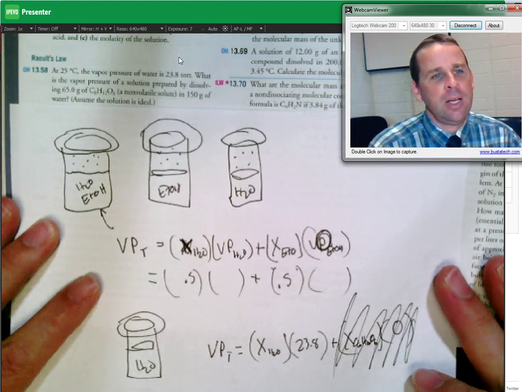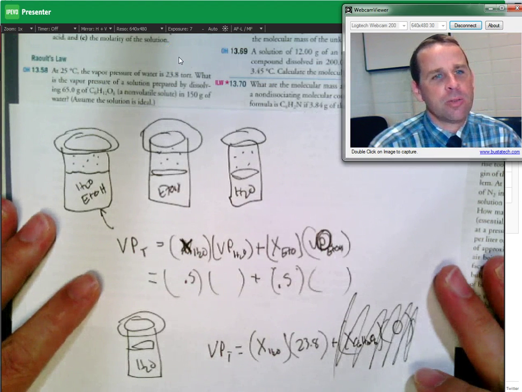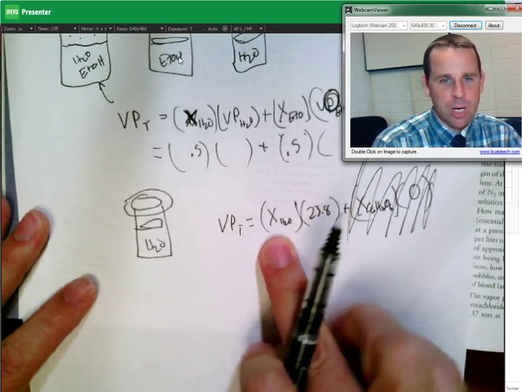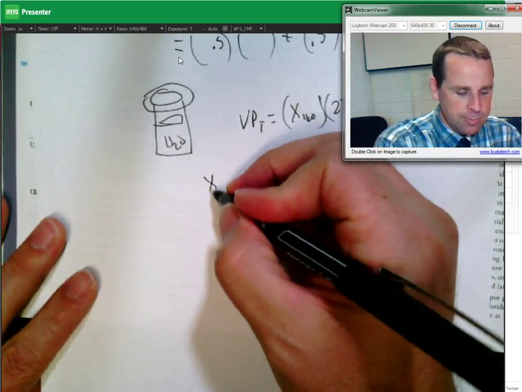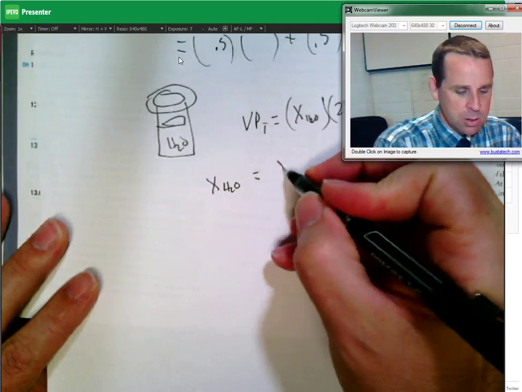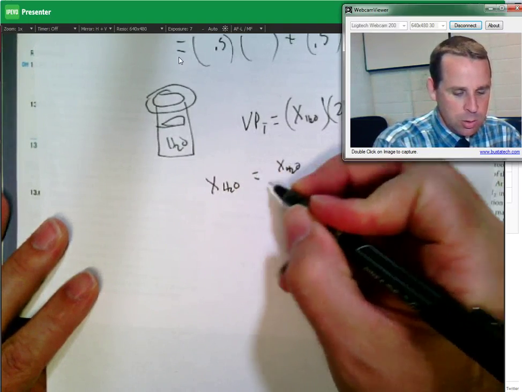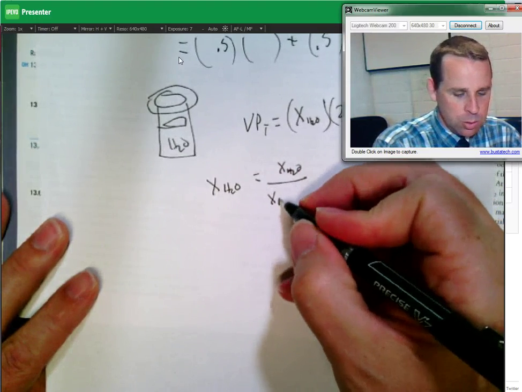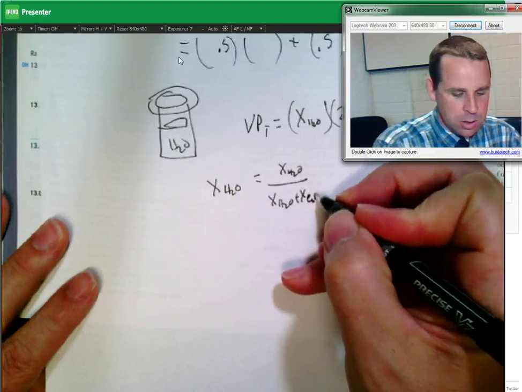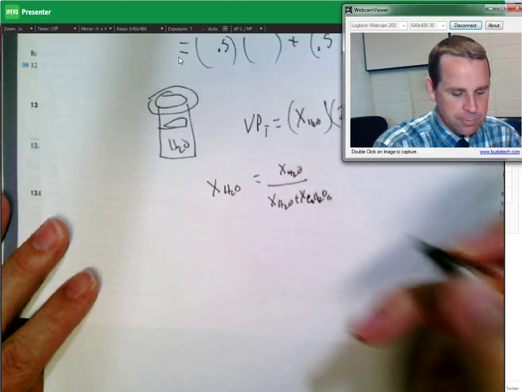It asks, what is the vapor pressure of the solution prepared by dissolving 65 grams of this stuff in 150 grams of water? Well, we need to find the mole fraction. The mole fraction of the water is the moles of water over the moles total, and the moles total is the moles of water plus the moles of the glucose, C6H12O6.